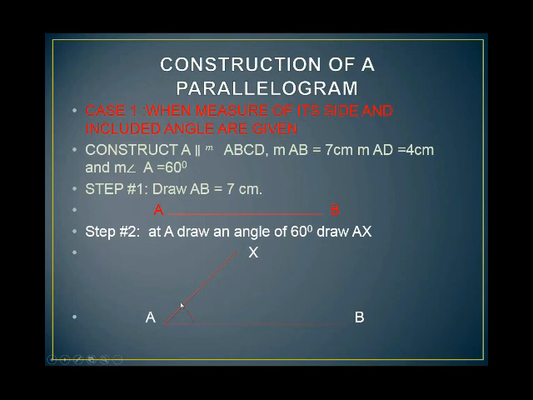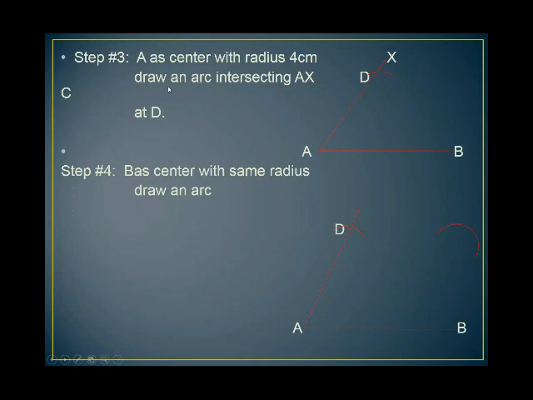So taking A as a center, we draw an angle of 60 degree with the help of a protractor. Take a screenshot and we name the ray as X. Now in step 3, taking A as a center with radius 4 centimeter, we draw another arc which intersects AX at point D.